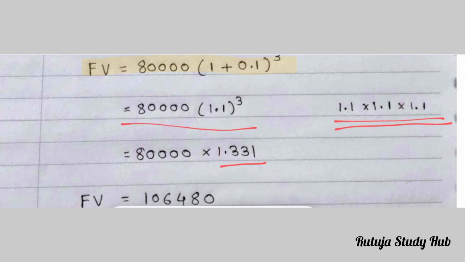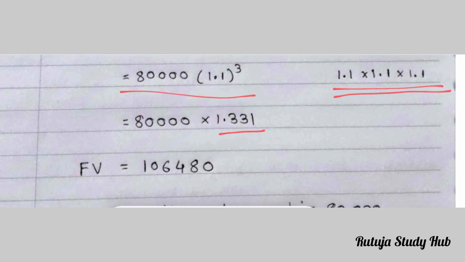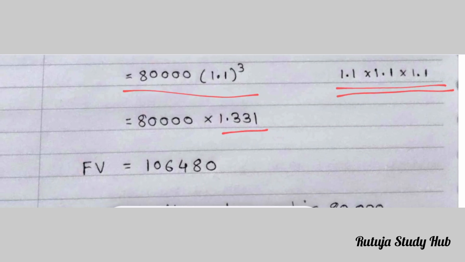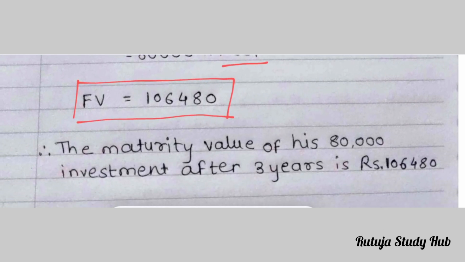FV is equal to 80,000 × 1.331. Therefore, FV is equal to rupees 1,06,480. So, the maturity value of Aman's investment after 3 years is rupees 1,06,480. Don't forget to write this final answer.